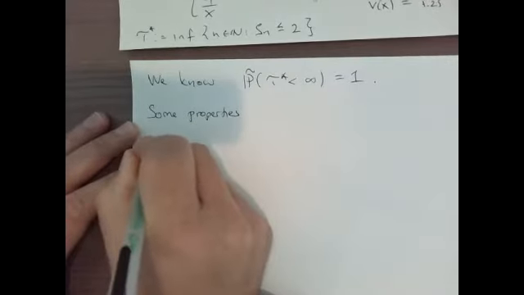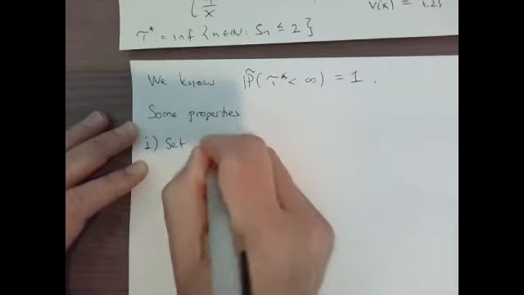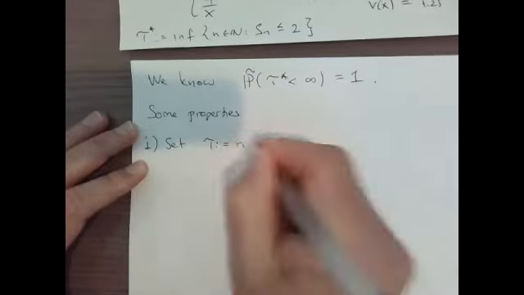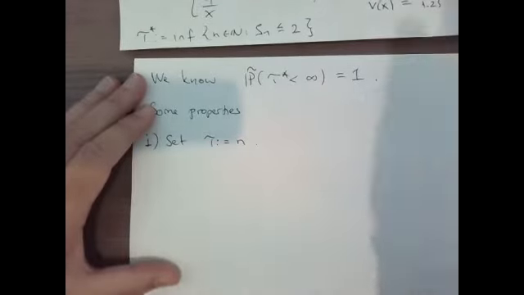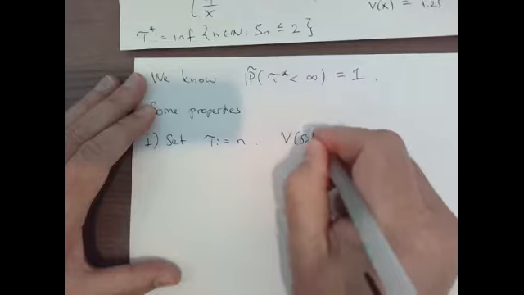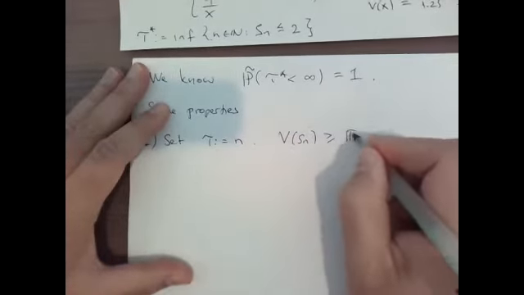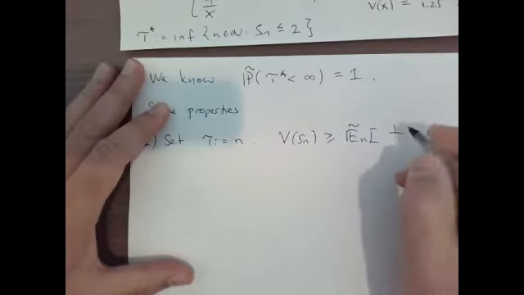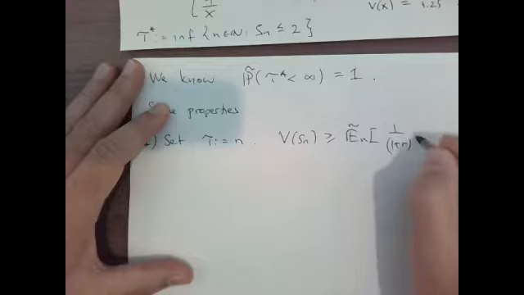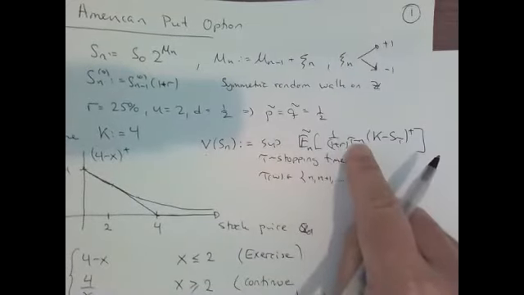So let's do the first one. Set tau just to be n. Well, then we look at the definition, then we get that v of Sn, this is the maximum, right? So this is going to be bigger than just a conditional expectation of 1 over 1 plus r to the power 0, because it's tau minus n.